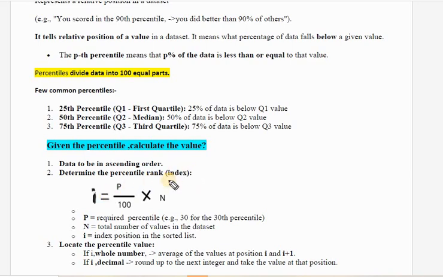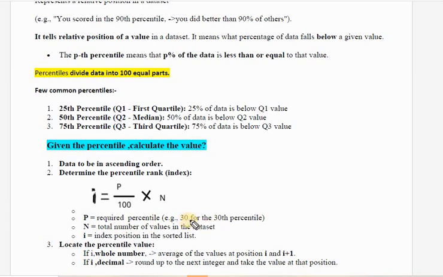To calculate this index, the formula is P divided by 100 times N. P is the required percentile, which in our case is the 30th percentile, so fill in 30, and N is the total number of values in the data set.